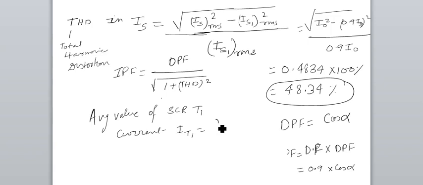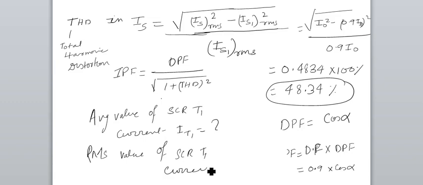Draw the waveform of SCR T1 and take out its average value. One more: of that same current, the RMS value of SCR T1 current, RMS value IT1. So take out these two values.